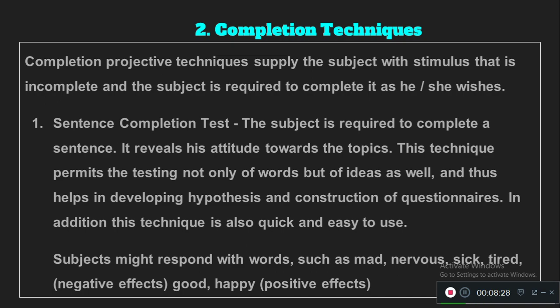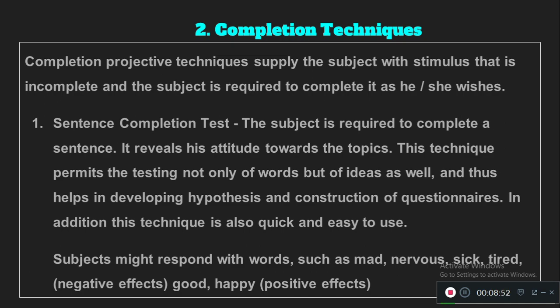In the word association test, they are giving only the word, but here the sentence is filled. So through this we can know about the ideas, what they think about that particular phenomenon. In addition, this technique is also very quick and very easy to use.